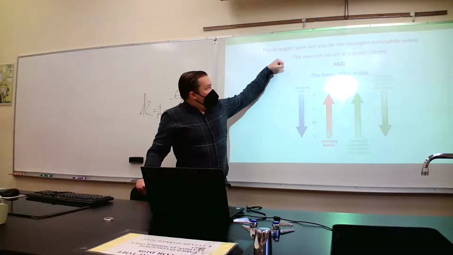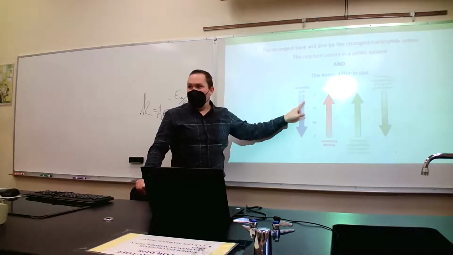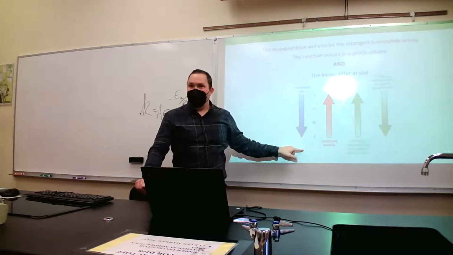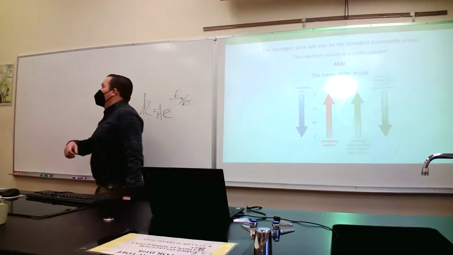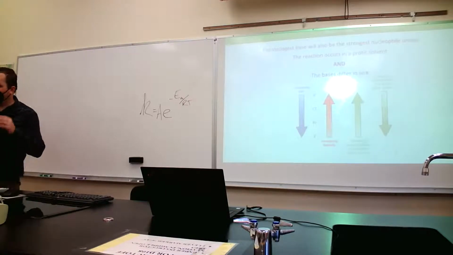If the reaction occurs in a protic solvent and the bases are different sizes, the halides are going to be our most obvious example of this, because we don't do a whole lot with sulfur as a nucleophile yet. If we were looking at sulfur versus oxygen as a nucleophile, we could make similar connections, but sulfur is not used nearly as much. It's not as nice to work with as a lot of these halogens.